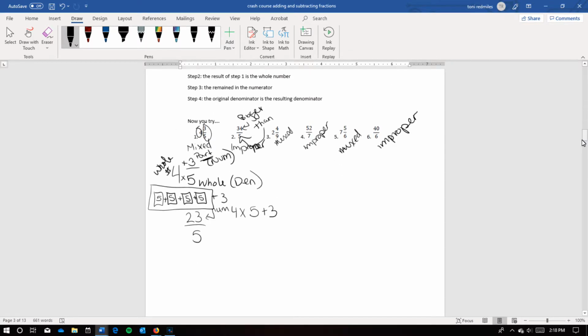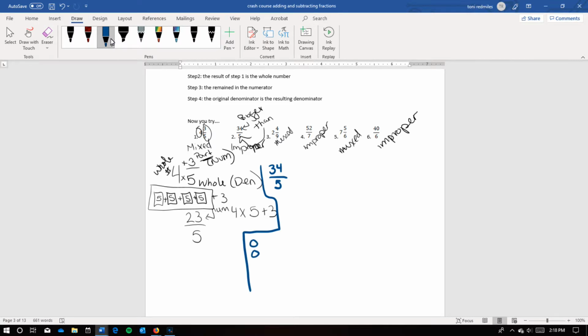All right, so the next one is improper, and I want to turn it into mixed. Well, to do that, there are 2 ways I can go about it. I can first either model it or I can divide it. So first let's model it and then we'll figure out a mathematical solution.